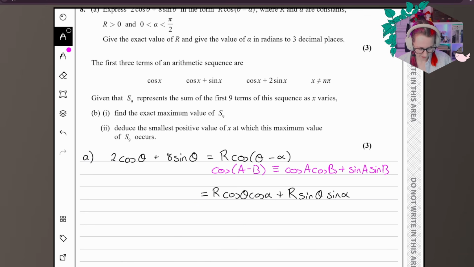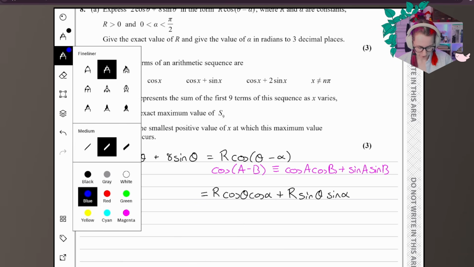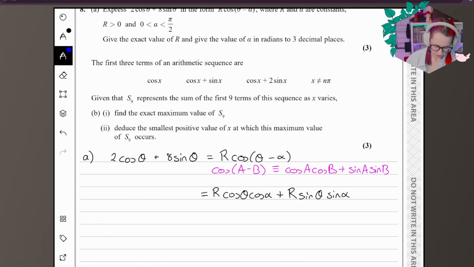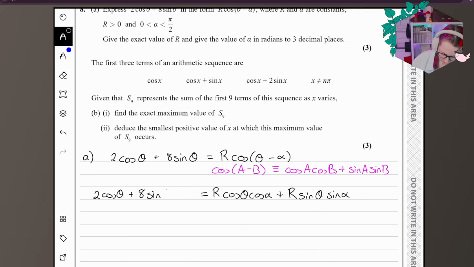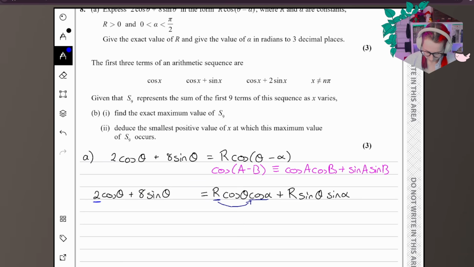Now we want to play a game with it where the coefficients need to match. So here we had 2 cos theta plus 8 sine theta. Please read what I'm writing rather than what I'm saying. We have cos theta multiplied by 2, and that means that r cos alpha must match up. There's no other cos thetas happening here, so the coefficient on one side is the same as the coefficient on the other.